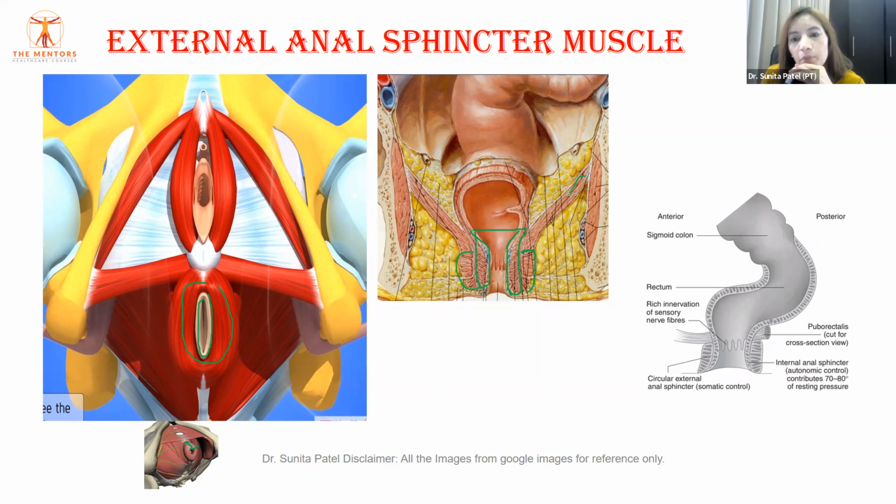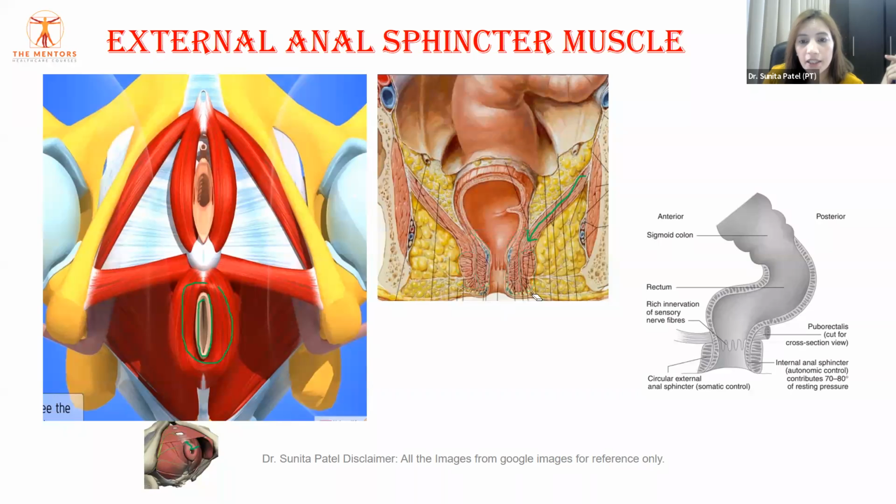And we have some fibers coming up from the levator ani, deeper parts, in the upper 20% of the canal. Levator ani will also come into the picture. You might have heard the word puborectalis. That muscle is also going to come. So throughout this canal, the maximum part will be taken care of by the external anal sphincter.